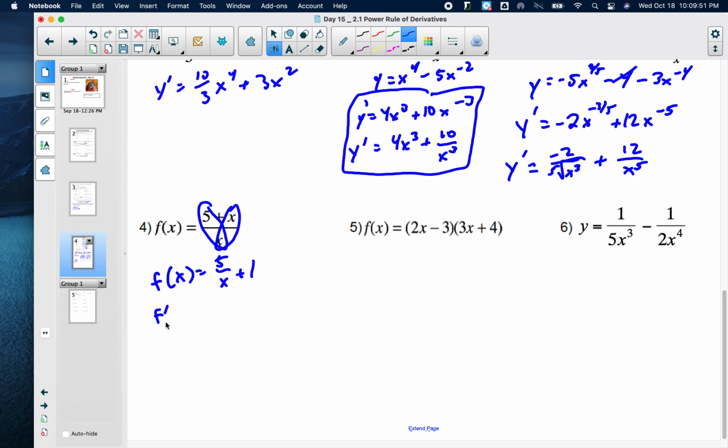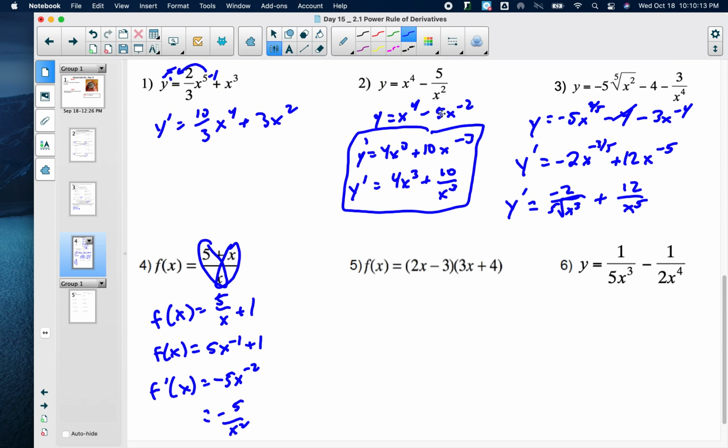And then 5 over x is the same thing as 5x to the negative 1st plus 1. So now if I derive that, that would give me negative 5x to the negative 2nd, and then that's gone. Okay, so this would give me negative 5 over x squared.